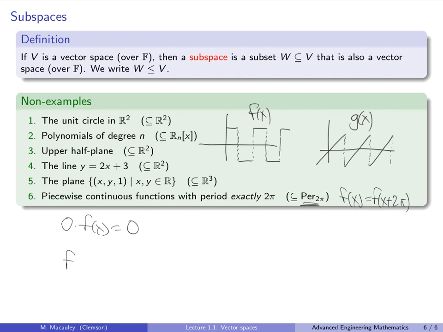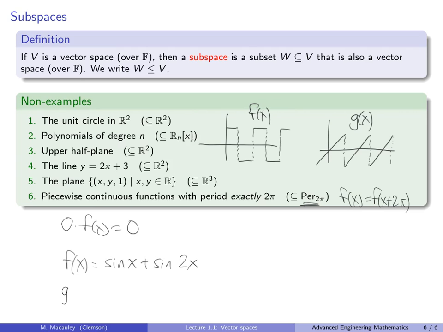Let me take f of x equals sine of x plus sine of 2x. I hope that you'll agree with me that sine of x has period 2π and sine of 2x has period π. And if you add them together, you're going to have something of period 2π, not of period π.